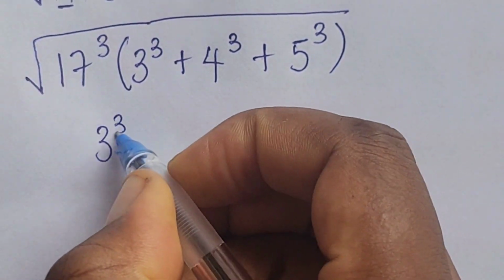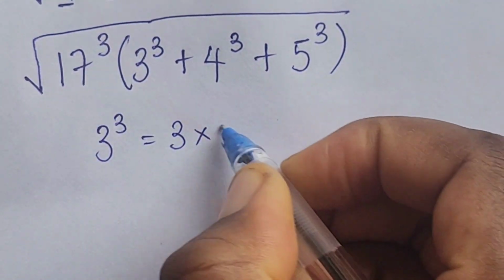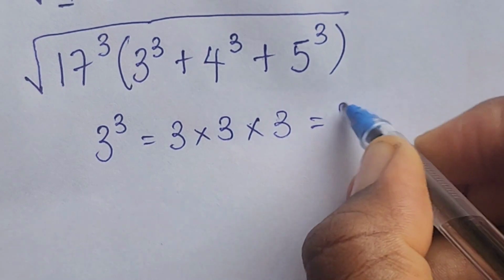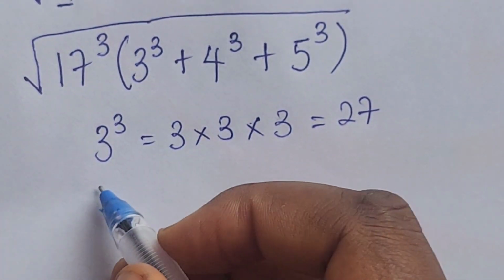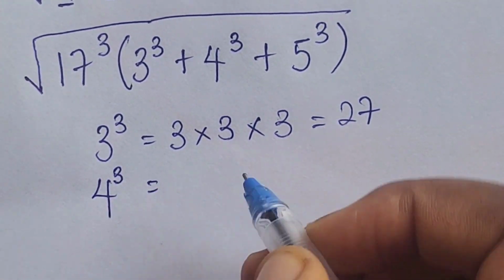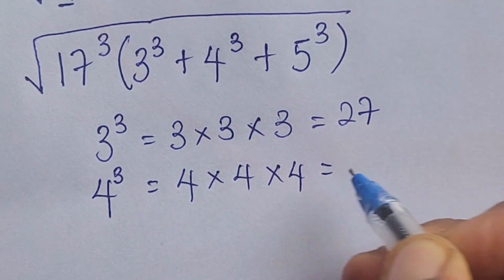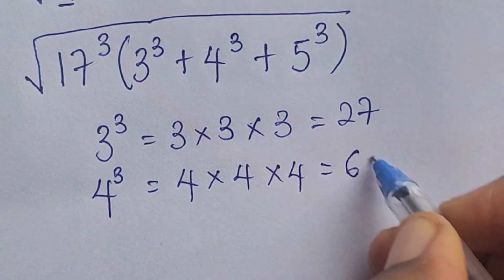Our 3 to the power of 3 is equal to 3 times 3 times 3, which is equal to 27. And our 4 to the power of 3 is equal to 4 times 4 times 4, which is equal to 64.